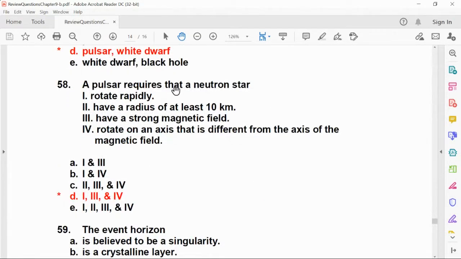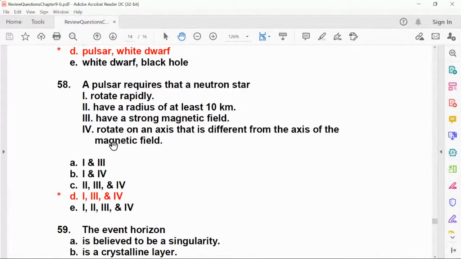A pulsar requires that a neutron star rotate rapidly, have a size of at least 10 kilometers, have a strong magnetic field, and rotate on an axis that is different from the axis of the magnetic field. Well, 1, 3, and 4.